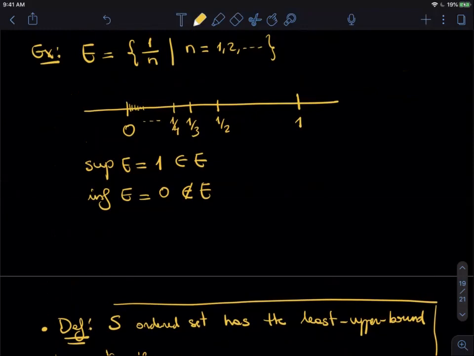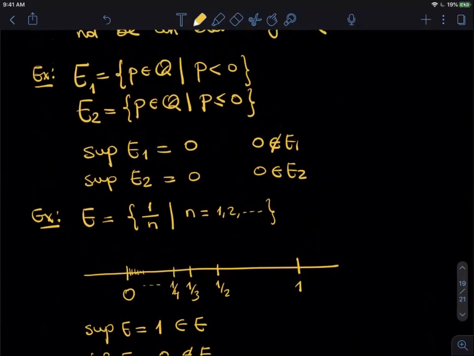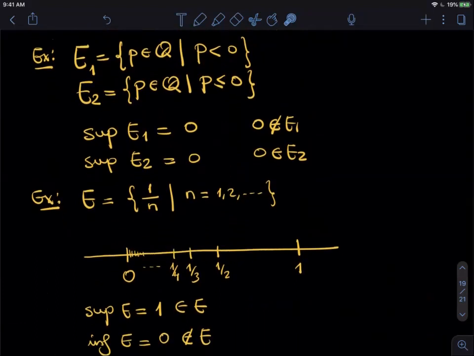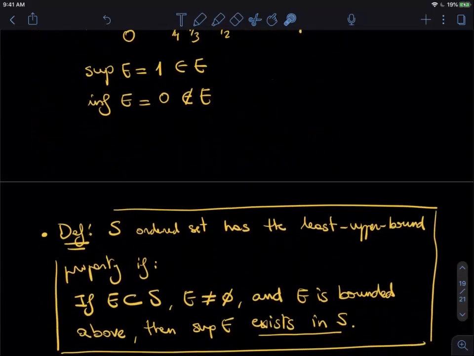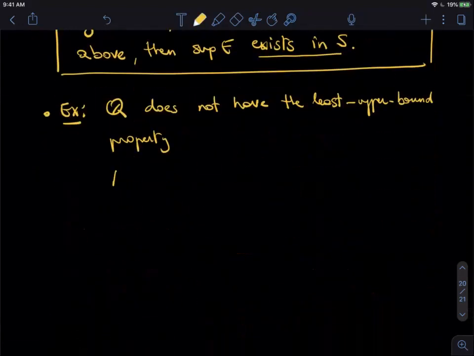Well, for example, we have here the example E1. This is a subset of the rational numbers, and it doesn't contain the supremum. We also saw in a previous video the example where we took the rational numbers that were positive and whose square was smaller than 2.